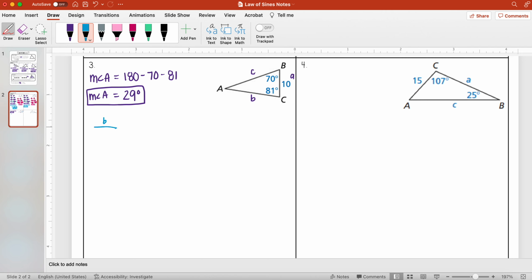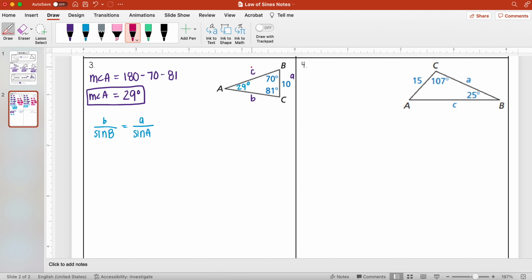So B over sine of B is equal to, and the only one that I have a side length for is side length A, so I'm going to have that one be my other. So I have A over sine of A, which we just found A to be 29 degrees.